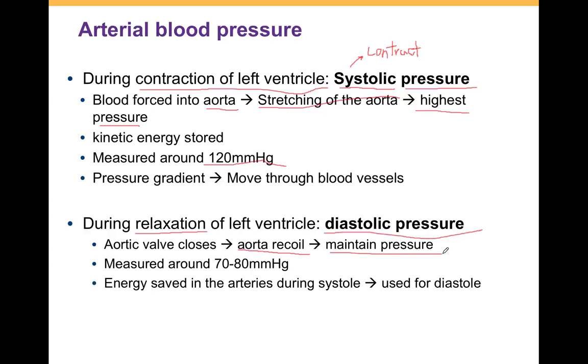Now, again, because the contraction is not there anymore, the pressure will not be as strong as 120, but it's still significant enough, ranging between 70 to 80 millimeters of mercury. This is again energy that is stored from the systolic process, or the process called systole, which is contraction of the heart.